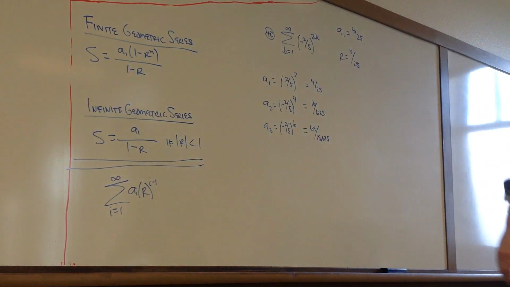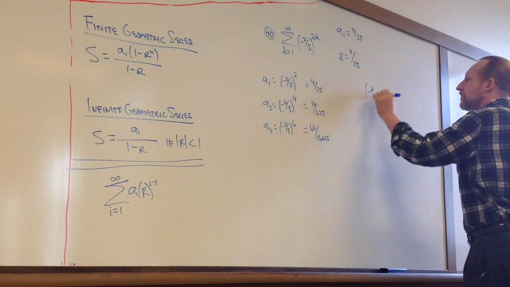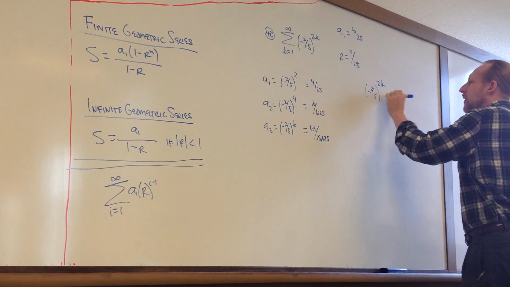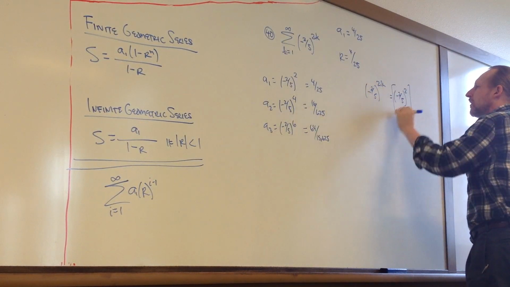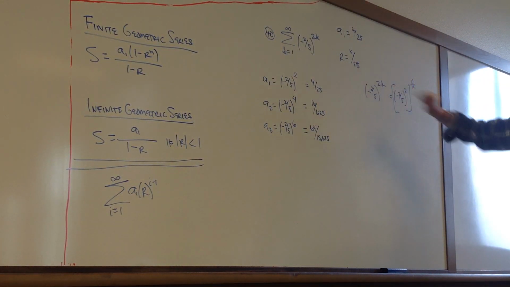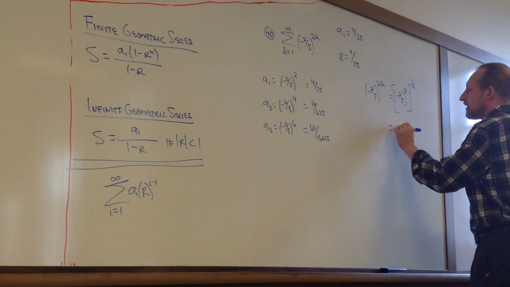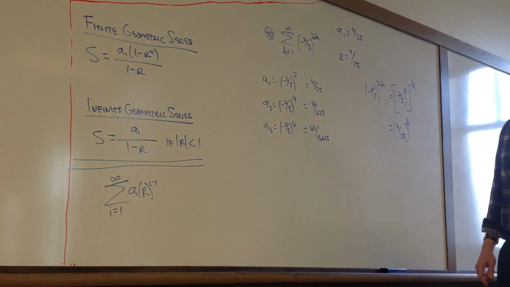Another way that you can think about this is if you take this negative 2/5 to the 2k power, that's negative 2/5 squared raised to the k power, right? When you take a power to a power, you multiply them together. So here is your 4 over 25 to the k power.